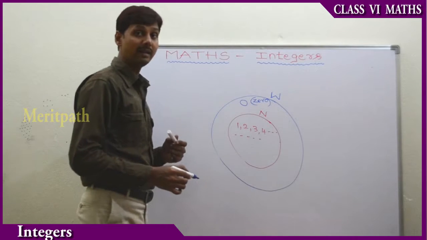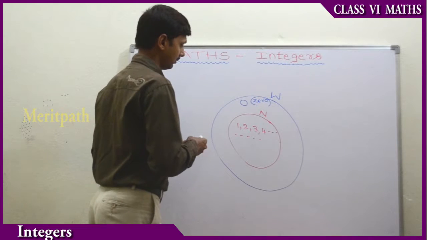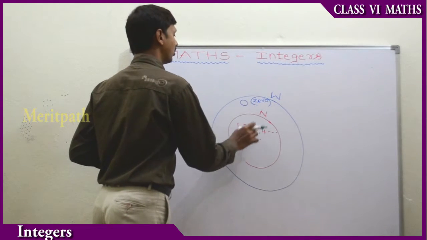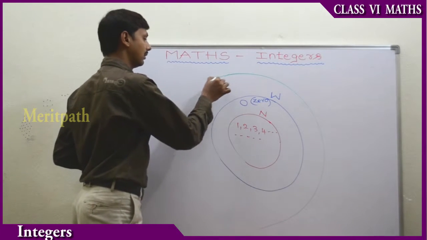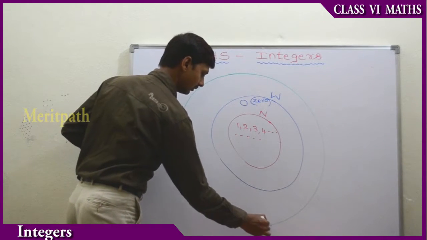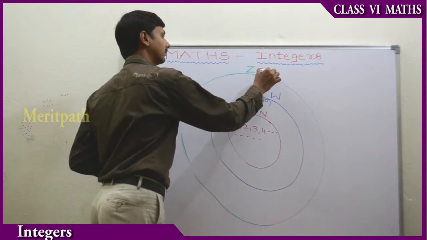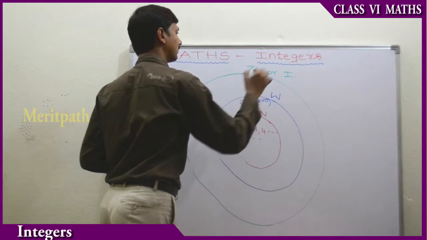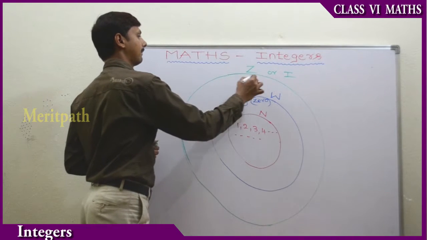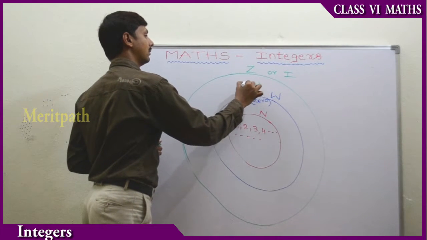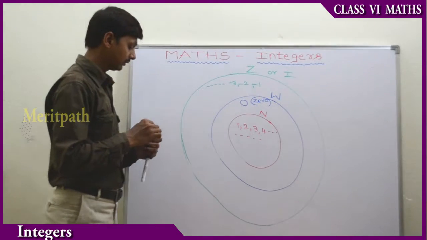Whole numbers are denoted by W. Positive numbers along with 0 and negative numbers are called integers. Integers are denoted by Z or I. Minus 1, minus 2, minus 3 and so on are the negative numbers.